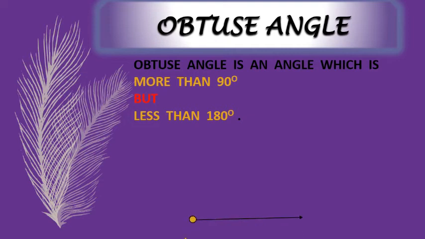This is a ray whose initial point is A and extended point is C. If I draw an angle of 90 degree and an angle of 180 degree, a line which is in between 90 and 180 degree, that line or this angle CAB should be an obtuse angle. Why am I saying this is an obtuse angle? Only because it lies between 90 and 180 degree. Okay, let's move to the next slide.